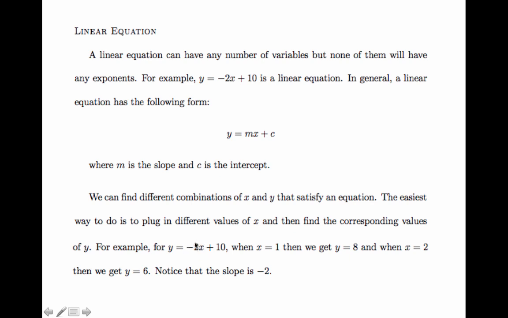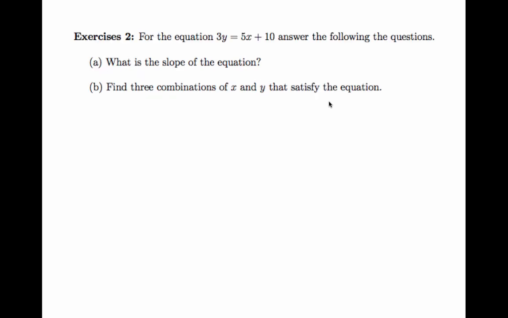The value of m is -2, so that's why the slope is -2. We will discuss later what the value of a slope means, and what it means when the slope is -2. Now please go through this exercise and match your answers to the answers I have given.